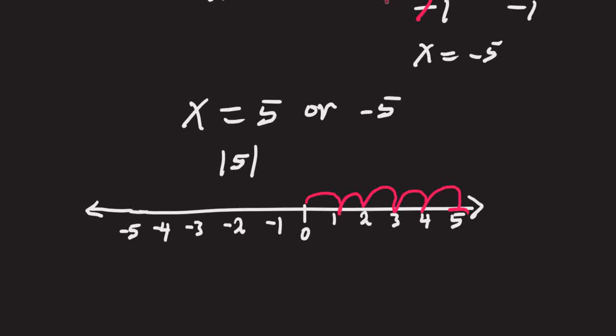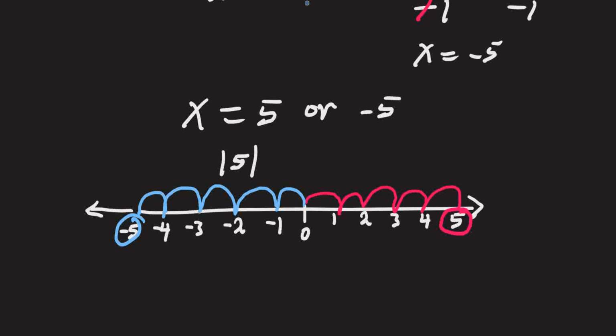All right. So it's either 5 or you move again in the left direction. Okay, let's use a different color. 1, 2, 3, 4, 5. So you see, the absolute value of 5 is either negative 5 or positive 5.